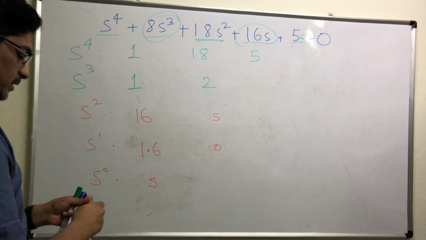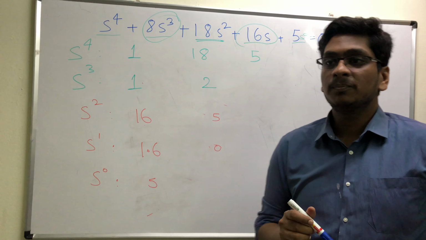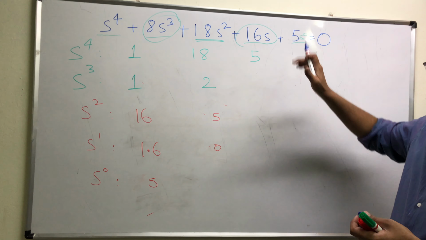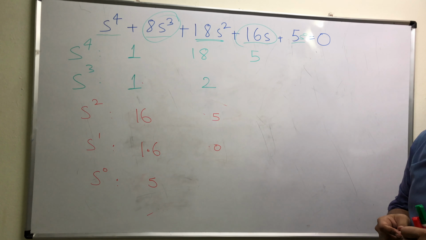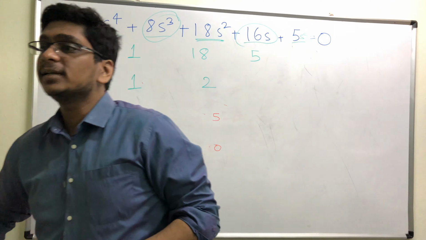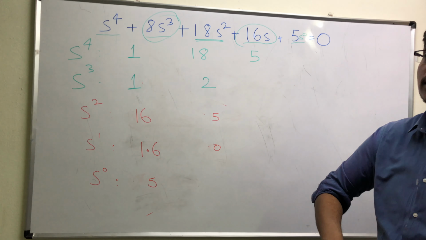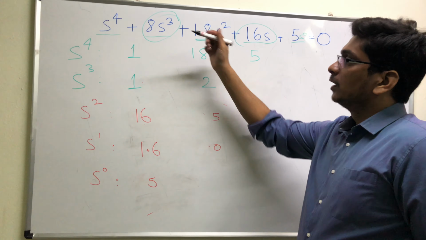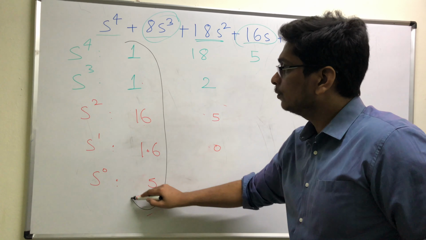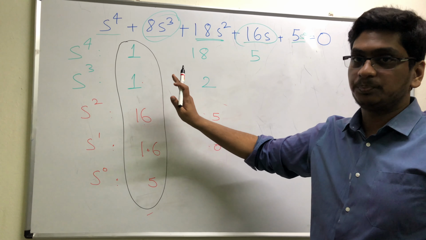My Routh array is now complete, which means I can determine if the system that has this characteristic equation is stable, unstable, or marginally stable. And the other thing that I can do is also decide how many roots lie where. So remember, I told you the Routh array is entirely based on the first column.